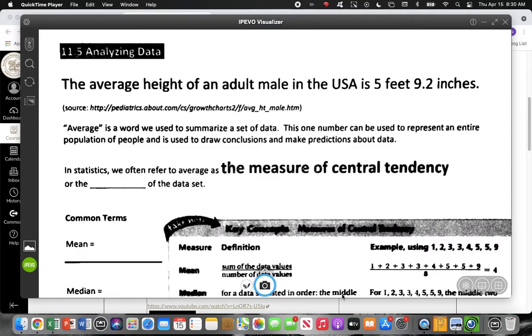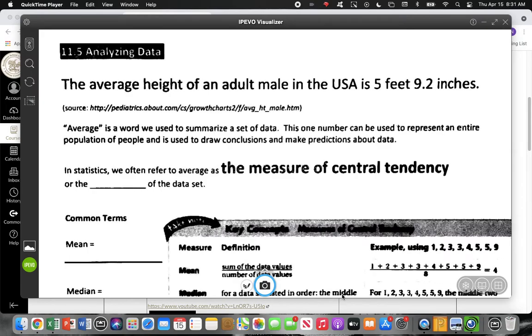Just knowing that the average height is 5 feet 9, if someone says they're 13 feet tall, you would say they were a giant, or would you maybe think that they made a mistake? Whenever you see a number that's way out of the norm like that, you have to question it in some way. Those are what we call outliers, which we'll talk about in just a little bit.